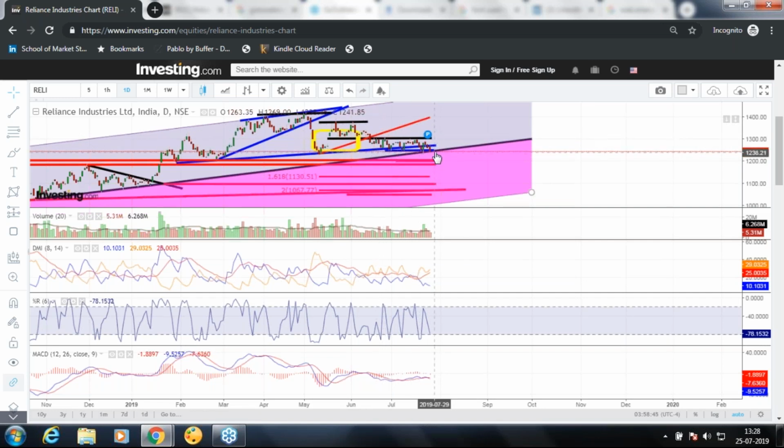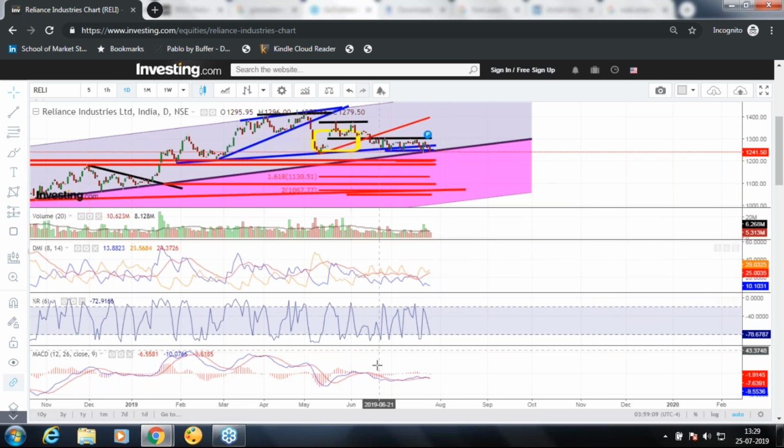So we have potential trend line violation. We have momentum picking up, although the volume is not there, and we have MACD also giving a sell signal. So definitely trend breakdown, weakness in indicators, and all coming together, right?